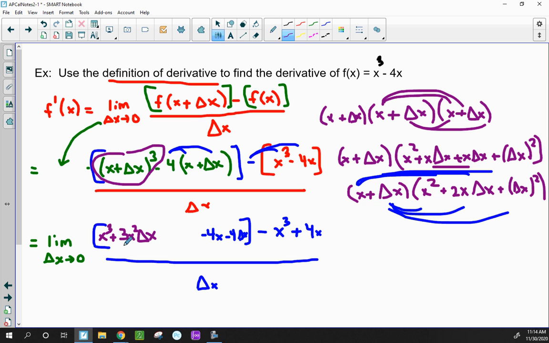It's just I'm trying to make this a little faster for note purposes. So 3x squared delta x, and then after working all this out, the third term would be 3x with the delta x squared. And then last would be this cubed.